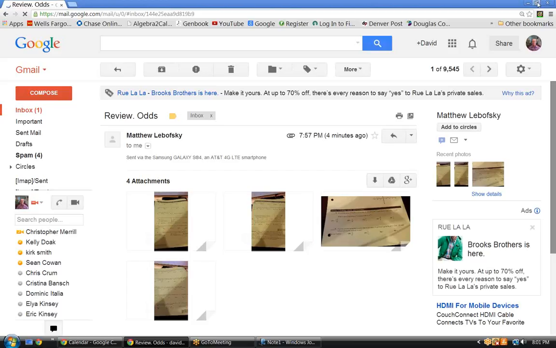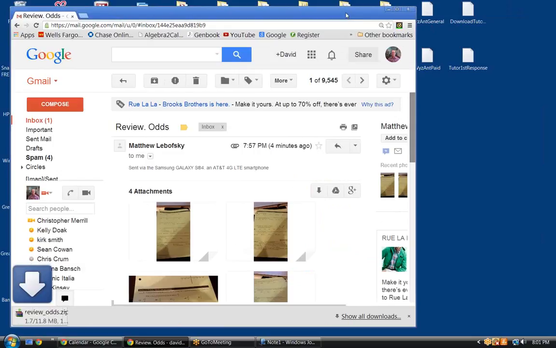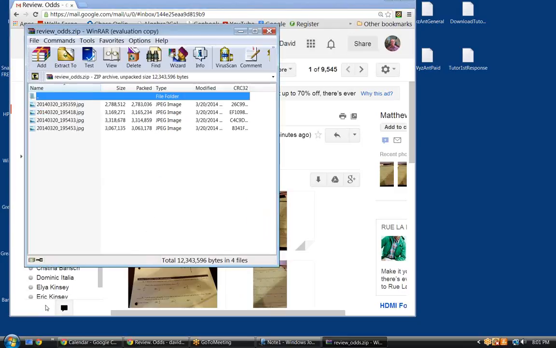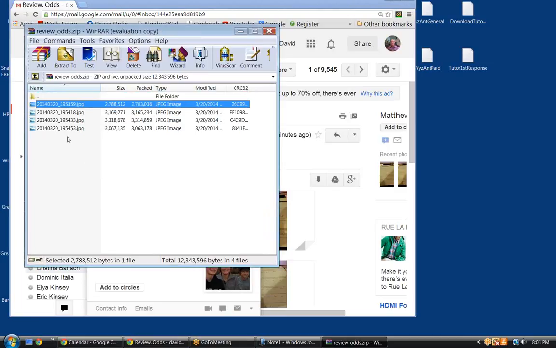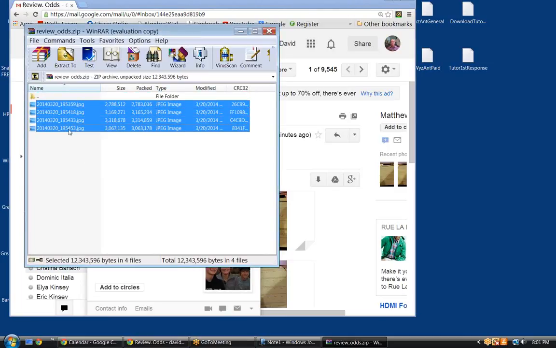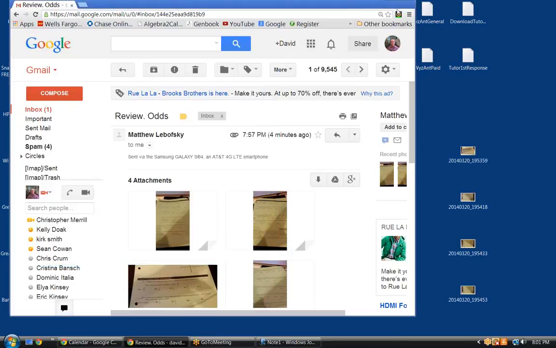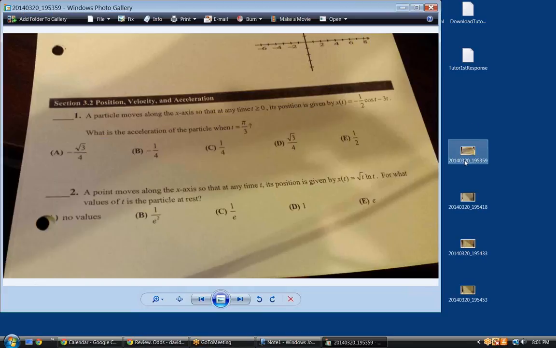Okay. I've got a couple of AP exams for Calc AB. Bottom left one is the first one. I'm going to pull them all over here and hopefully open the first one.